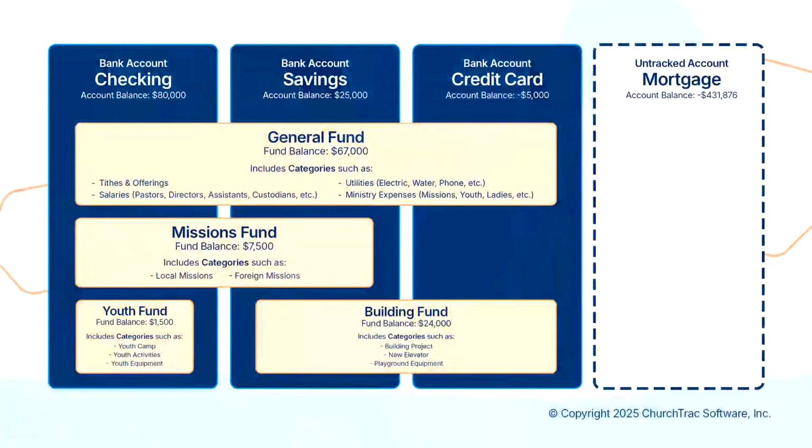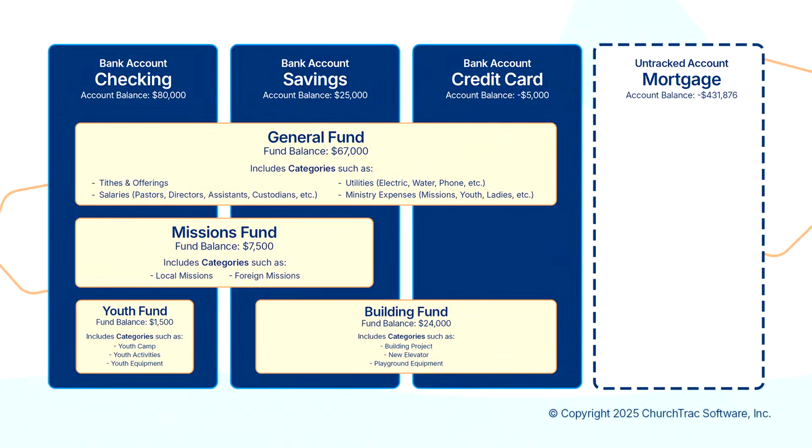Right. So this might be a good time to show, I don't think we did this, our updated chart. Did we show our updated chart with? Oh, no, we didn't. Yeah, so we have that updated chart where we illustrated funds and accounts, but also the new untracked type. Untracked account. So there we go.